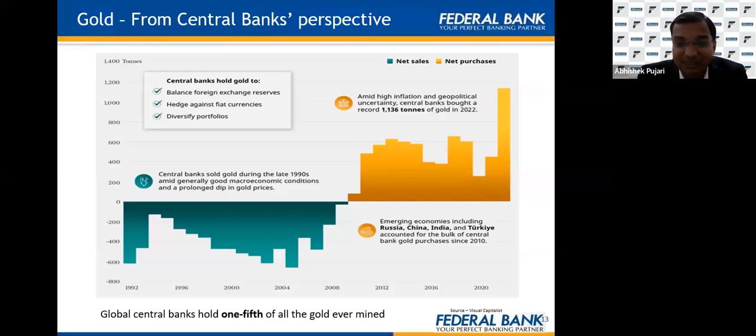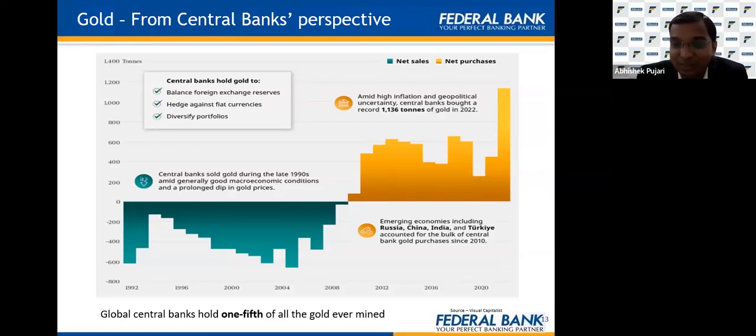As we can see, till the GFC of 2008, central banks were selling gold because of a prolonged dip in gold prices. After the GFC, due to higher inflation in emerging market economies and geopolitical uncertainties, central banks bought record gold during this particular tenor.